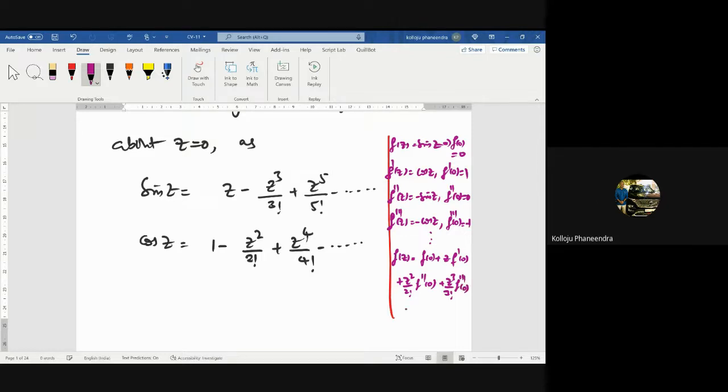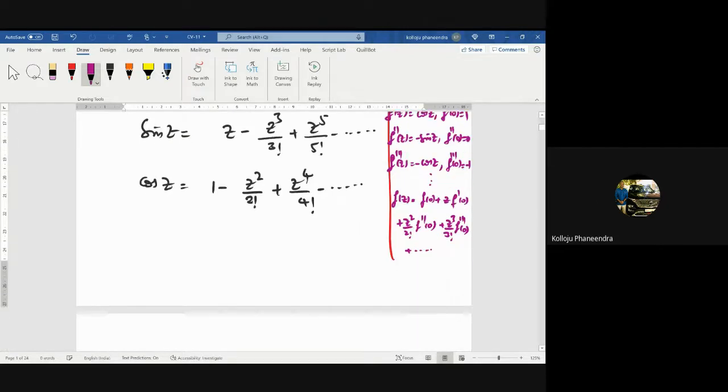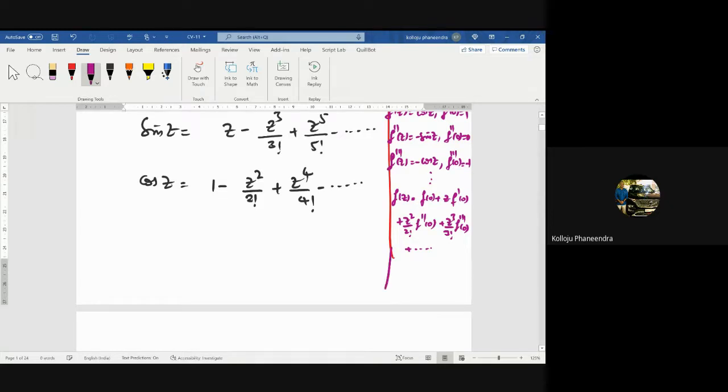You know, this is Maclaurin series, about point z equal to 0. Therefore sin z equals 0, plus z, plus z square by factorial 2 times 0, plus z cube by factorial 3 times negative 1. So I'm getting clearly z minus z cube by 3 factorial, and the next term will be z power 5 by 5 factorial. Similarly, you can find cosine z.